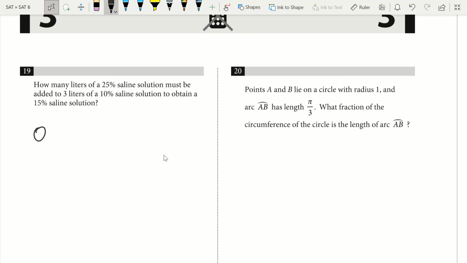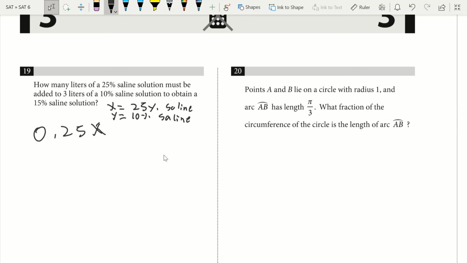Alright, so we've got our 25% saline solution, which we put down as 0.25, and we'll call our variable here x. We'll say x equals our 25% saline. And then we'll say that y equals our 10% saline.